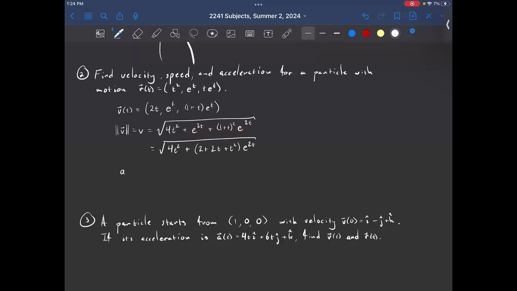The acceleration then, let me actually make this over here, is the derivative of the velocity. Acceleration, derivative of the velocity.